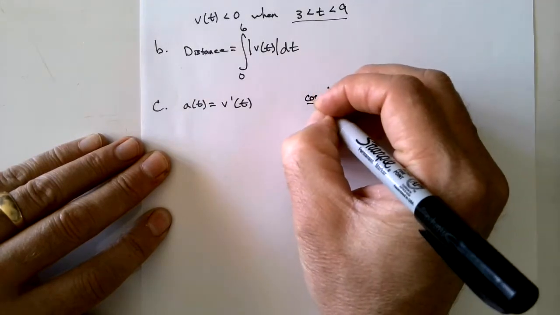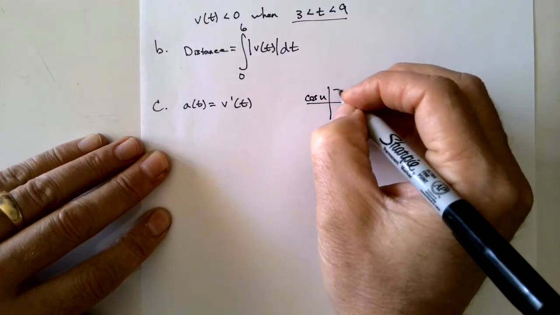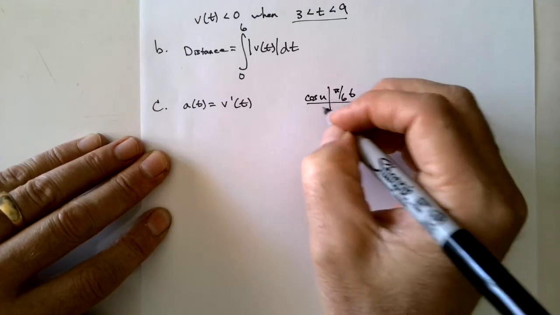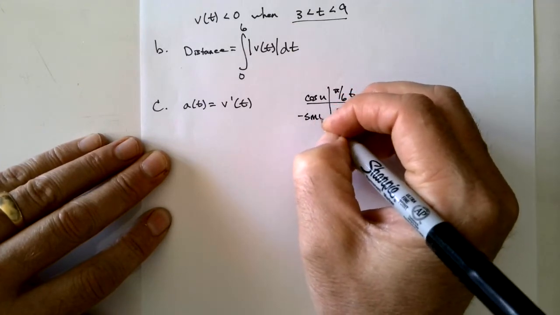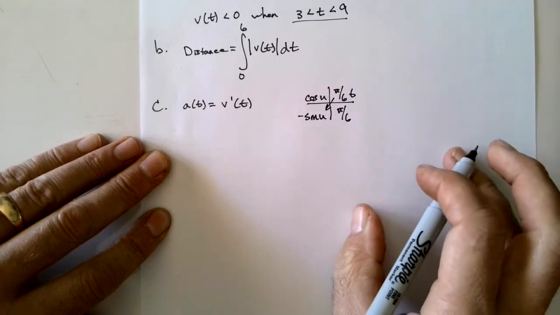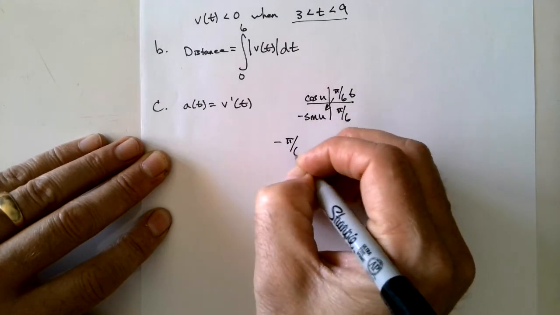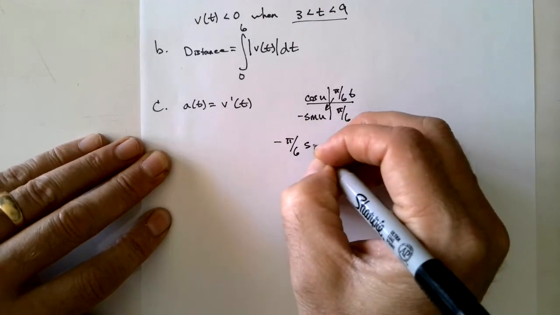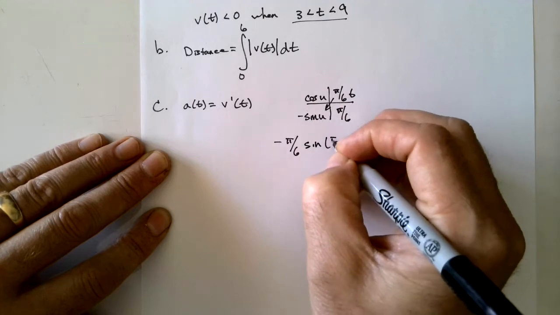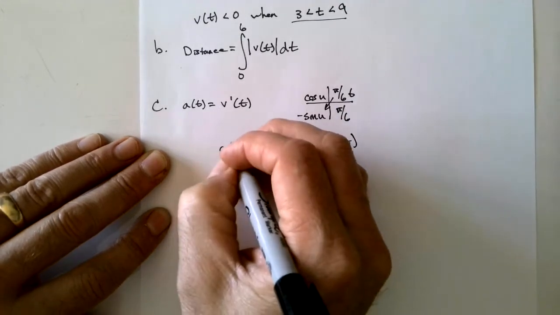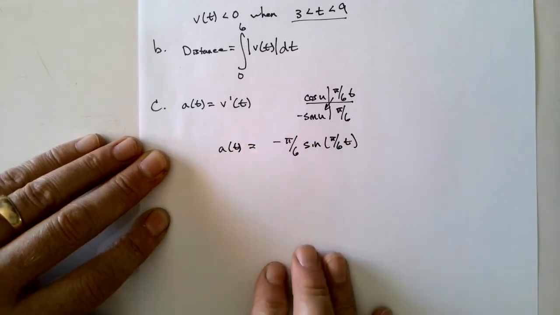We have cosine of u, and we have pi over 6t. So pi over 6 is my derivative for the inside, and the negative sine of u for the outside. So therefore, the derivative is, in this situation, negative pi over 6 sine of pi over 6t. And that's your acceleration. Okay?